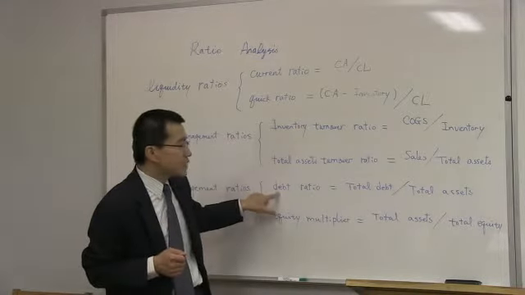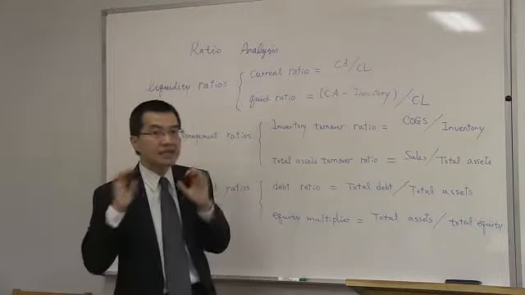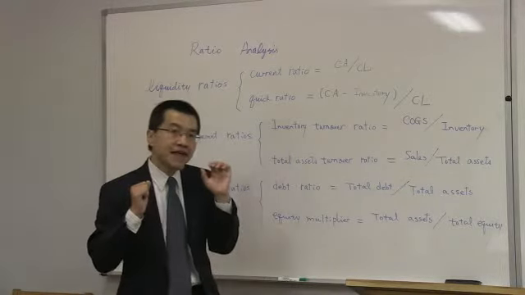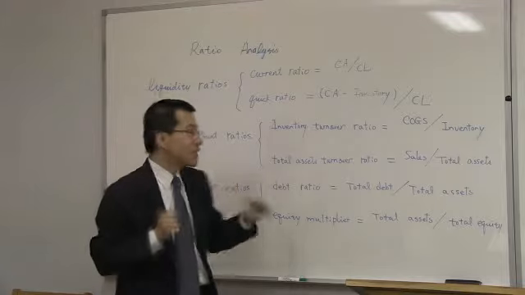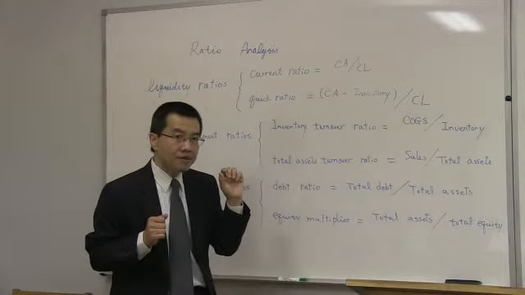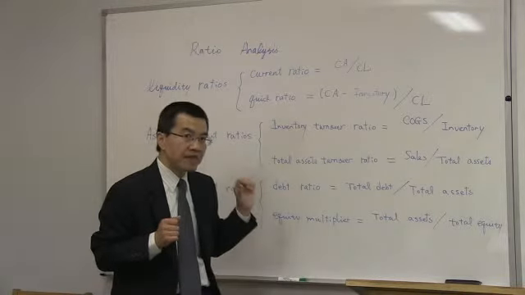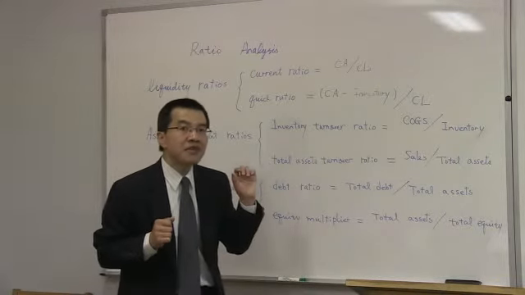So here, the debt ratio and the equity multiplier are on the same page. If the company has a higher debt ratio, then usually they will have a higher equity multiplier. And the equity multiplier is usually what we use to represent the company's financial leverage.